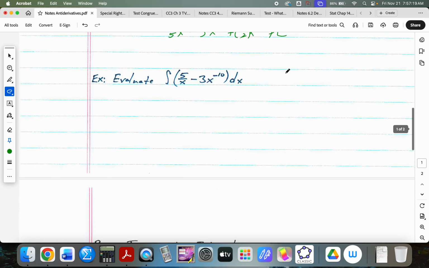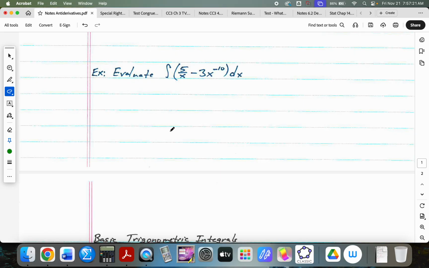All right, let's take a look at this next one. The 5 over x, that's 5 times 1 over x. And the antiderivative of 1 over x is the natural log of the absolute value of x.